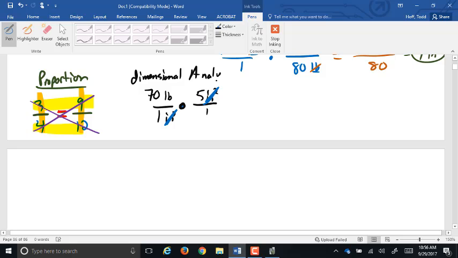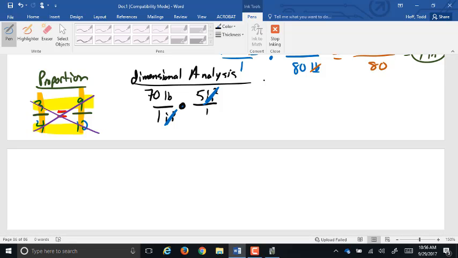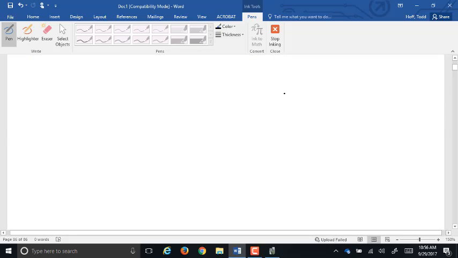Now, your textbook takes dimensional analysis to a little bit of a strange place, to quite an extreme, to be honest. In your textbook, it takes dimensional analysis to problems that would not be practical. I mean, practical type problems would be kind of similar to what we were doing up there with the miles per hour and how many hours.